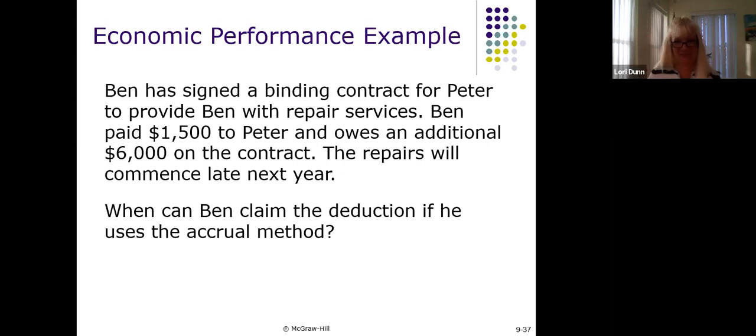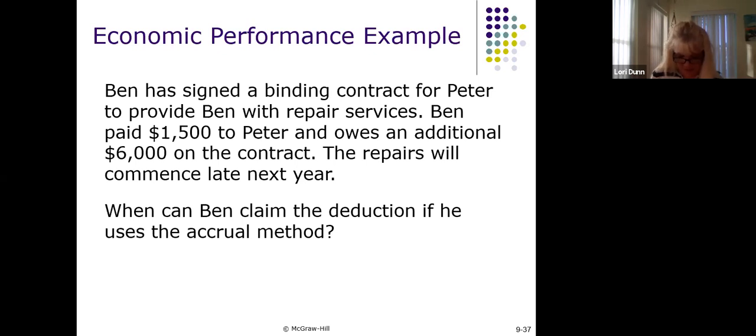So they give us an exception to all these crazy rules. And basically it says this: if the item is a recurring item, so it's a liability that is expected to keep happening and happening into the future, and it's not a huge dollar amount, it is not material, or deducting the expense in the current year more properly matches revenues with expenses, you generally can do it.